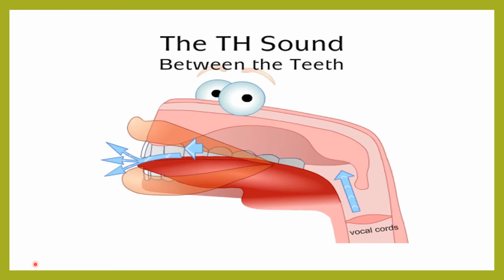And here's Juna again. This one's a little bit longer because Juna is showing you exactly how you push the air through your mouth, kind of like a water hose. And you can see Juna's tongue is through her teeth. The TH sound between the teeth.